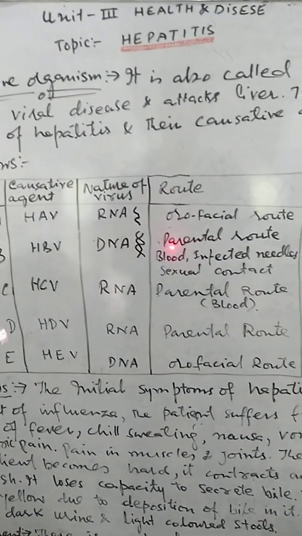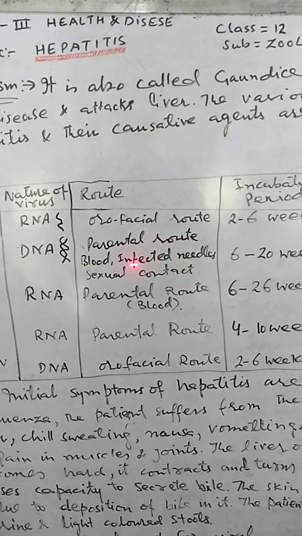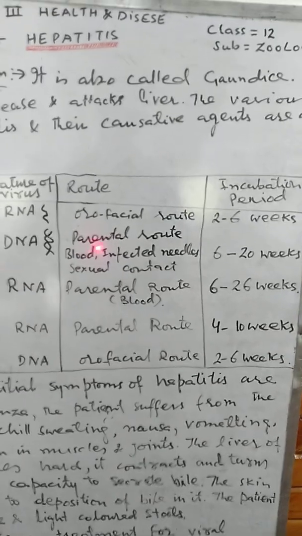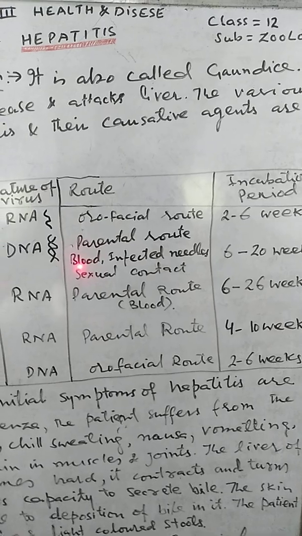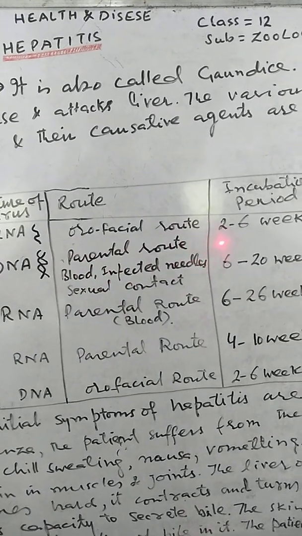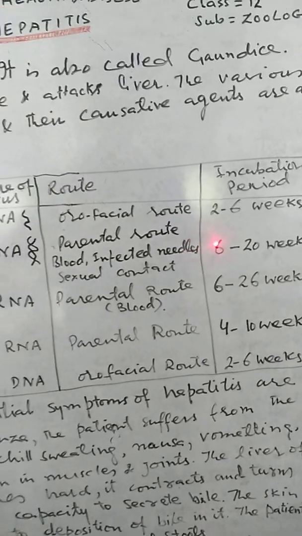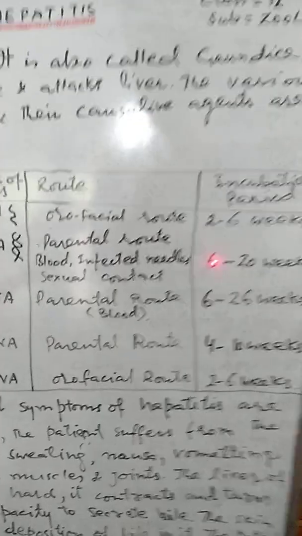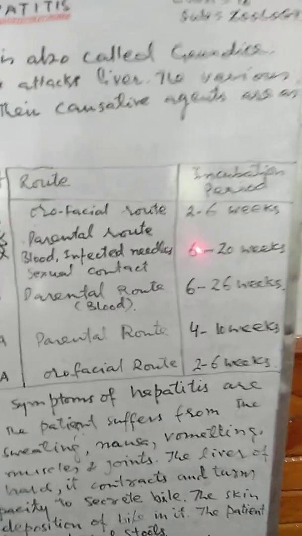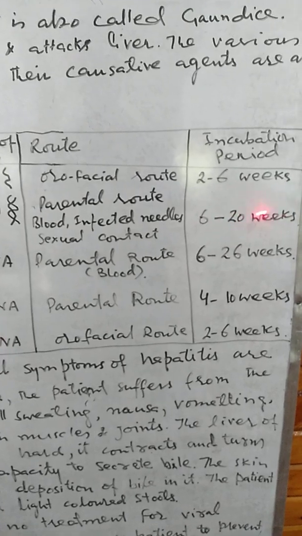What is the route of infection? Parenteral route: blood, infected needles, sexual contact. It occurs through infected blood and infected needles. What is the incubation period? Incubation period means the virus enters the body and starts its symptoms. It takes at least 6 weeks and maximally 20 weeks.